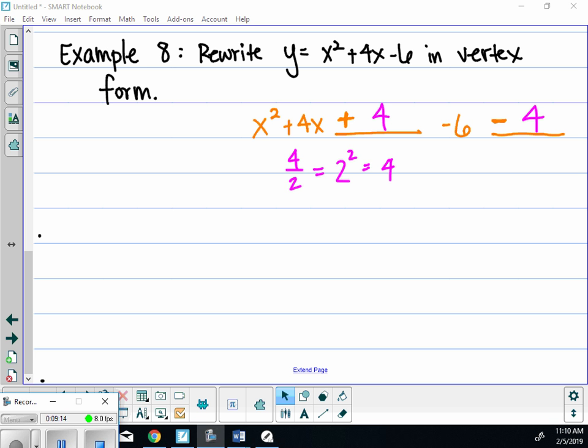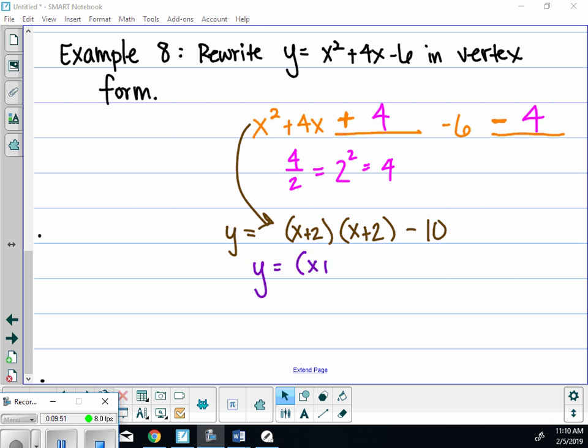So now I can rewrite. x squared plus 4x plus 4 will factor into what two numbers multiply to 4 and add to 4? 2 and 2, right? So y equals x plus 2 quantity squared minus 10.